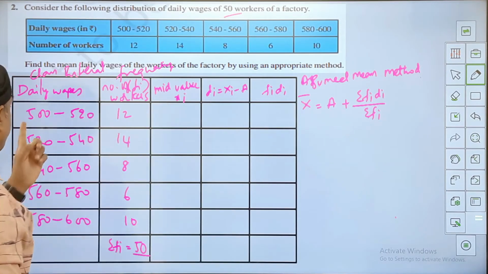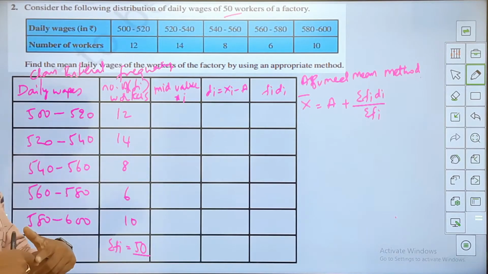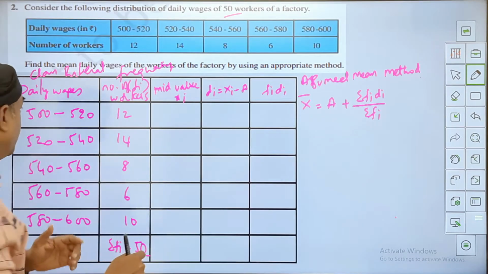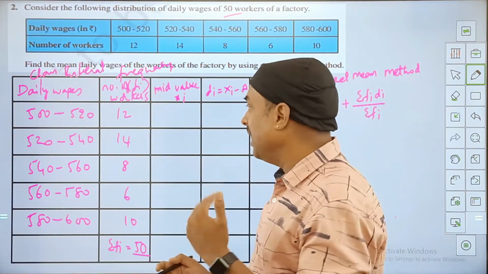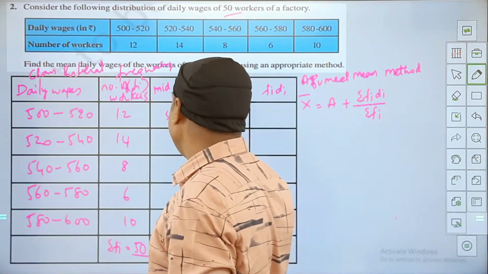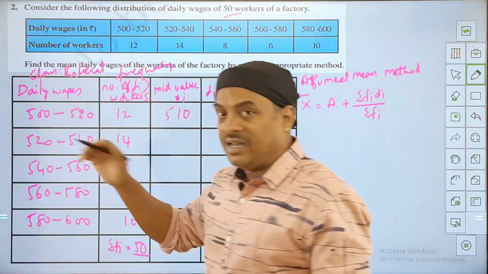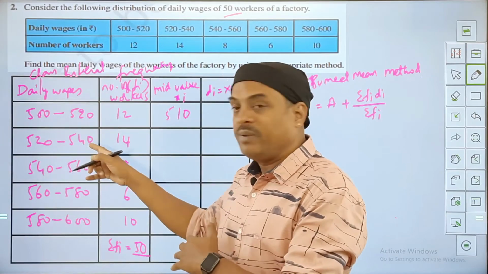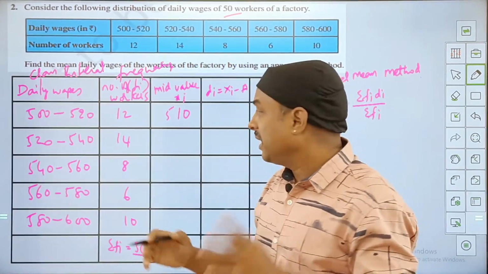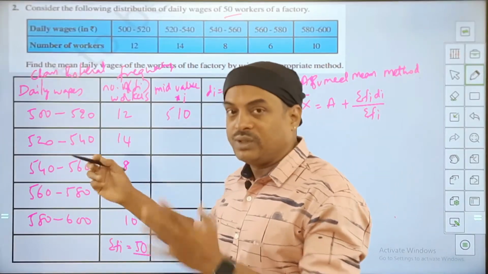Now the mid value. Sum of these two divided by 2 is the method to find the mid value. You know that method, right? So 500 and 520, the sum is 1020, divided by 2 is 510. I don't recommend doing 500 plus 520 by 2, 520 plus 540 by 2 every time. If you can identify the exact middle number of these two, that is your value.